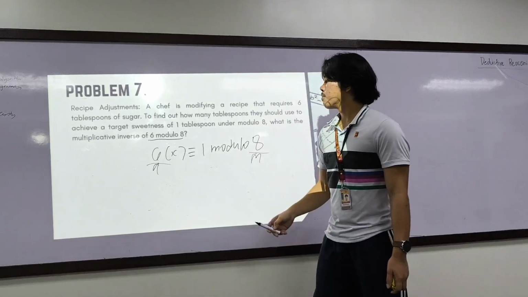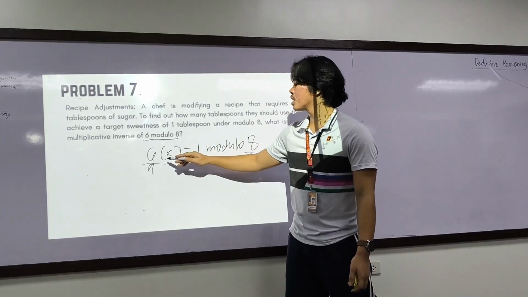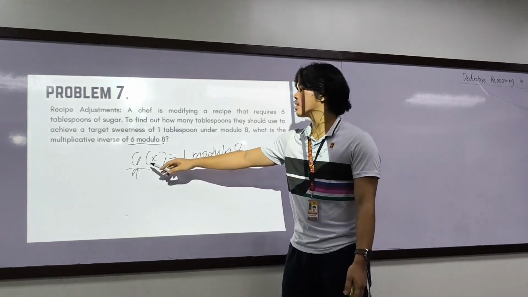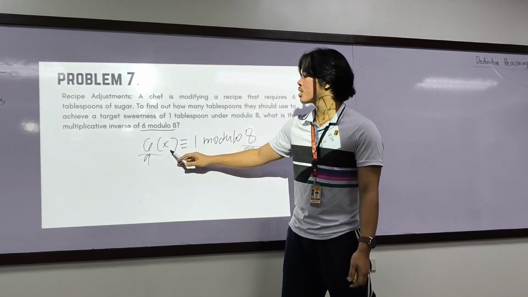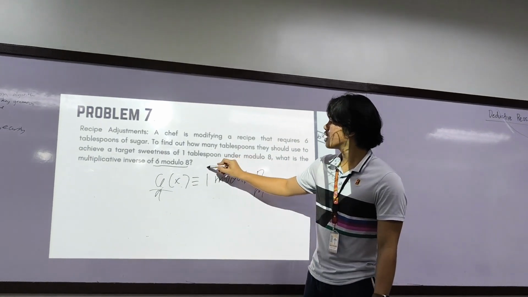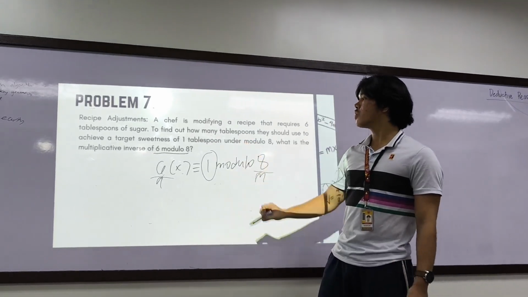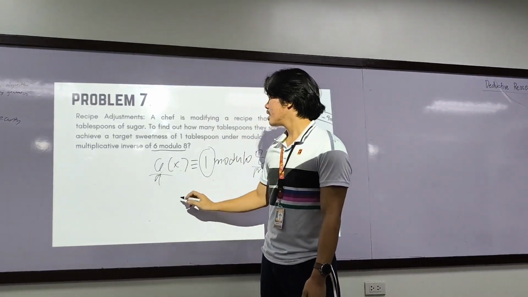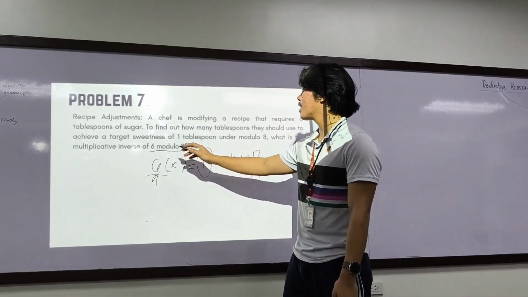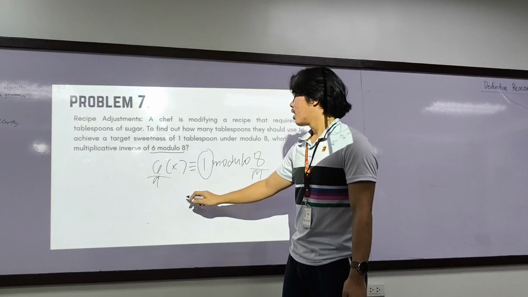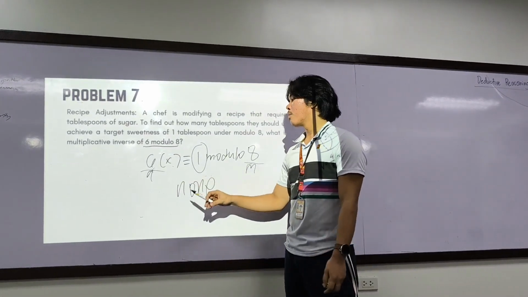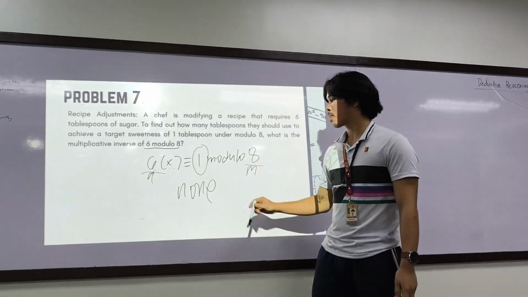So whatever number x we multiply by 6 and divide by 8, we will not have the remainder 1. So we could conclude that the multiplicative inverse of 6 modulo 8 is none, because we don't have a multiplicative inverse when A and M are not co-prime.